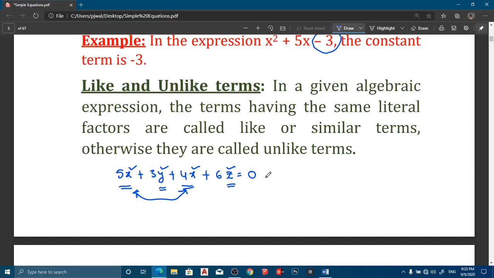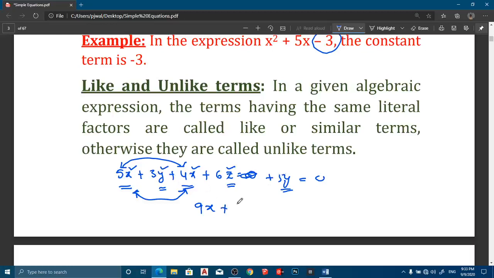For example, suppose one more term, 5y, is there in this equation. You can add 3y and 5y because these two are like terms. You just add the numerical coefficients and write the variable. So 5x and 4x, by adding them, give 9x.